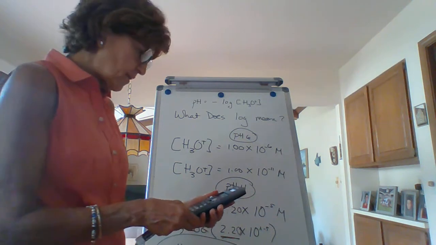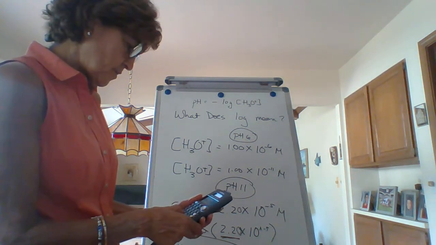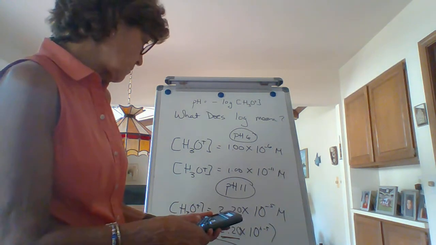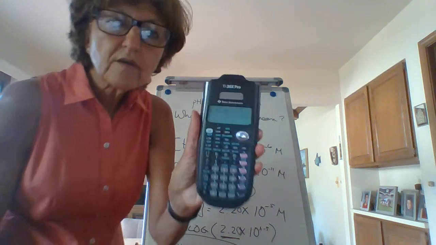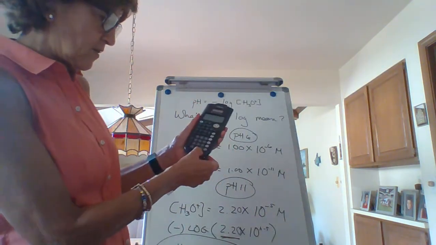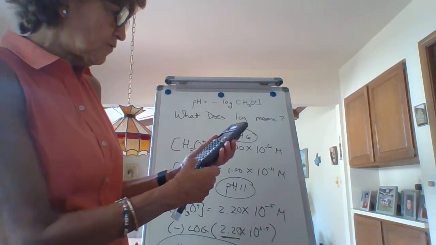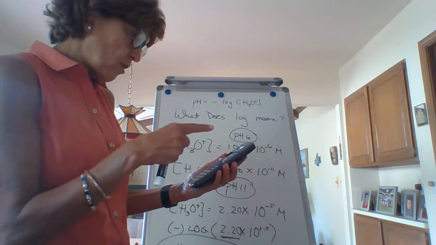So we're going to put in 2.20 EE -5, minus 5, and the negative is this little small negative with the parentheses. And then you press log.